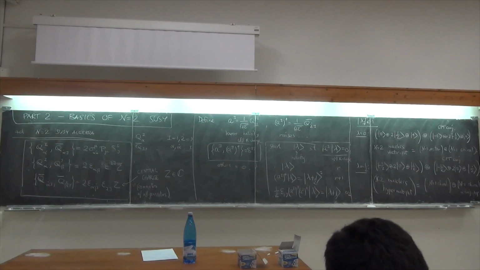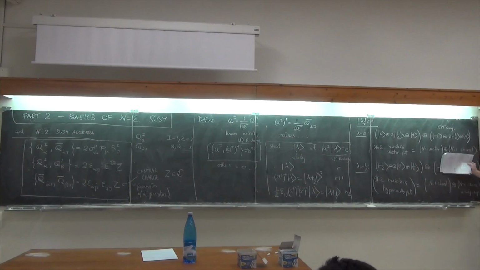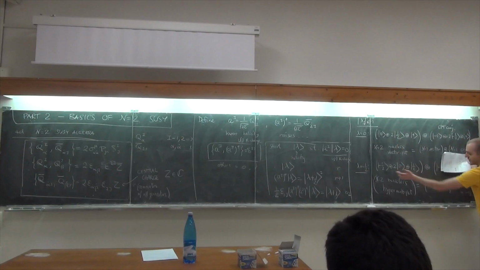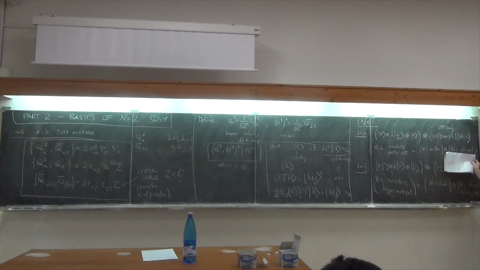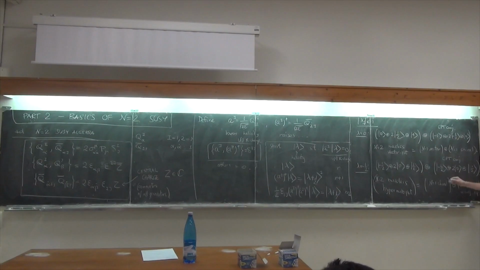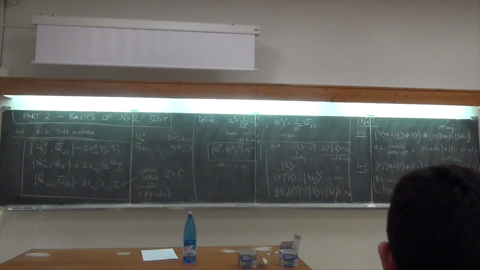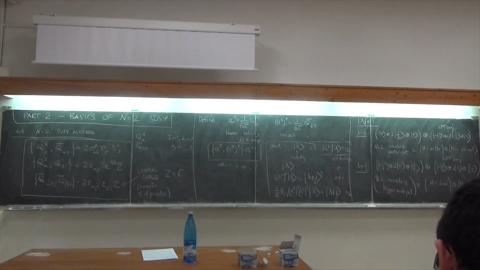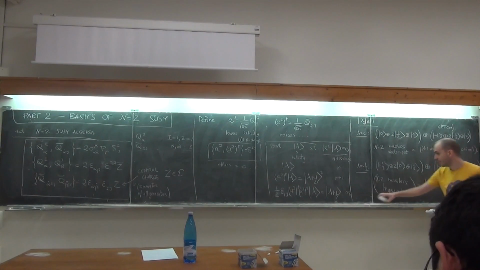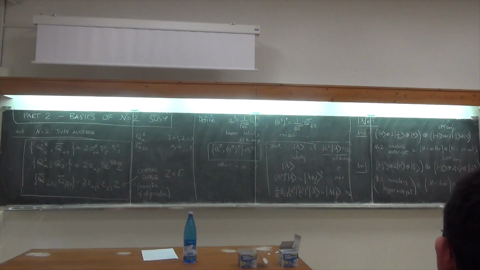If you just look at this object, it might be CPT self-conjugate, and that's only true for pseudo-real representations. So that is a half hypermultiplet. But let me not go into that subtlety. You can safely ignore half hypermultiplets. So this is the hyper.